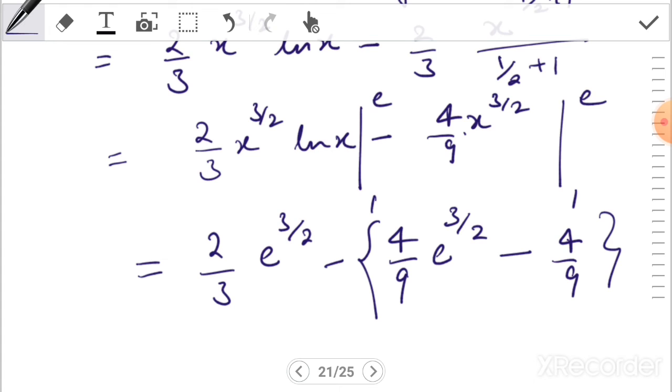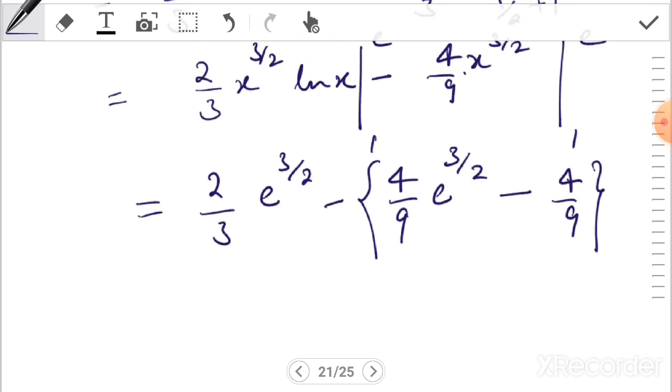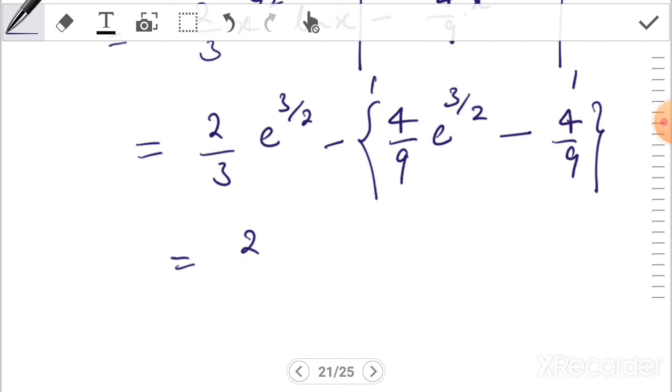Okay, so this is 2 by 3 e raised to the power 3 by 2 minus 4 by 9 e raised to the power 3 by 2 plus 4 by 9.